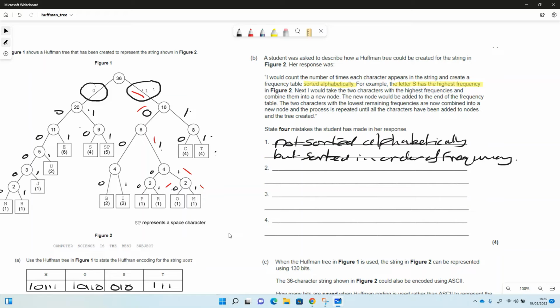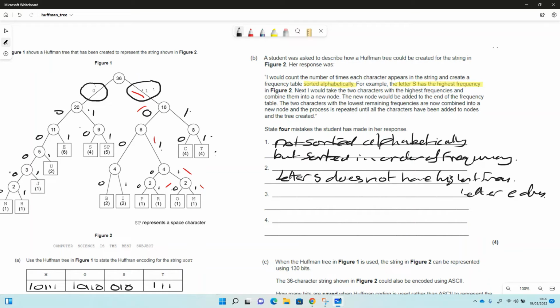So there's quite a few of them, but does that have the highest frequency? Well, there were 6 E's, so it doesn't have the highest frequency. So we could say that as another issue. So we could say letter S does not have highest frequency. Letter E does.